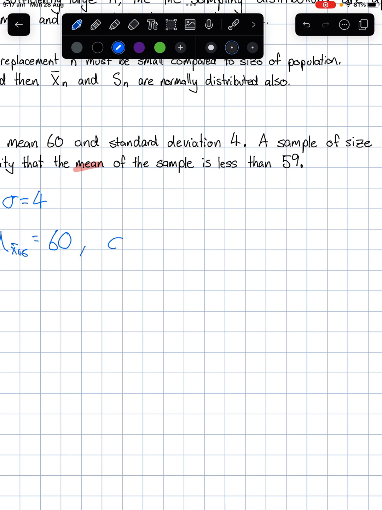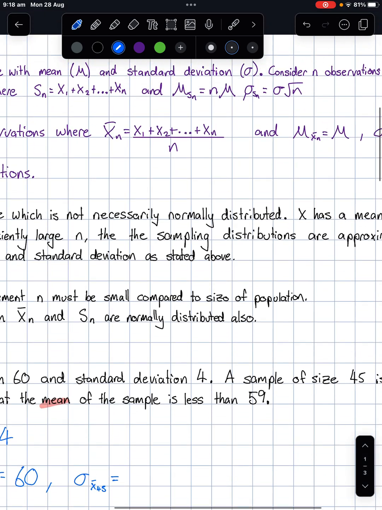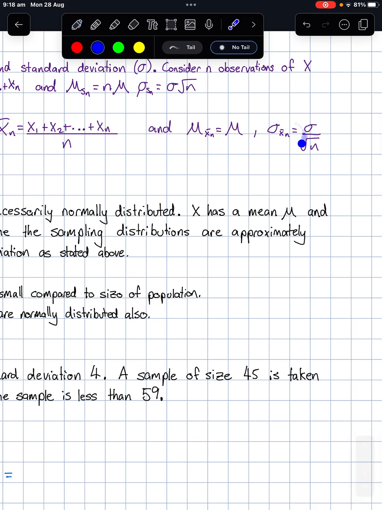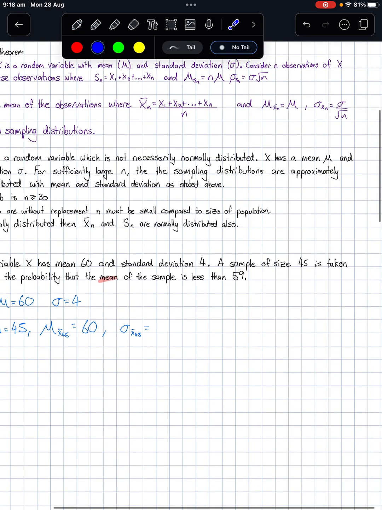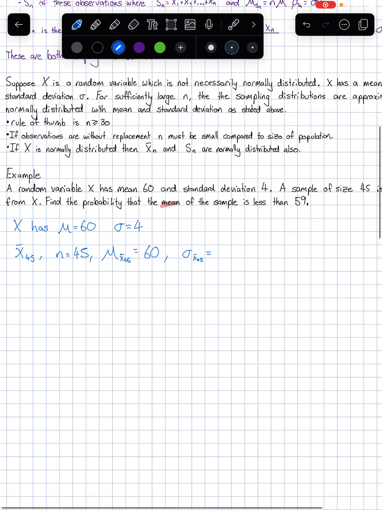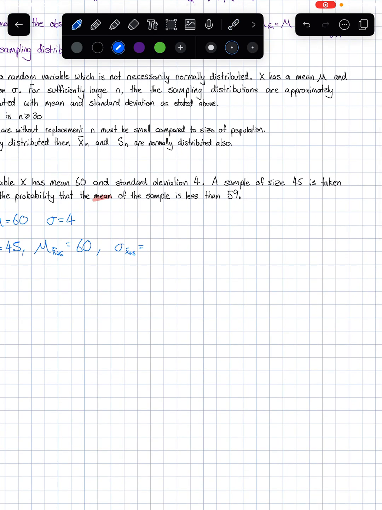Then the standard deviation of this distribution is the standard deviation over the square root of the number of trials. So our standard deviation here is 4 over square root 45, which I'm going to simplify to 4 over square root 9 times square root 5, which means 4 over 3 root 5.